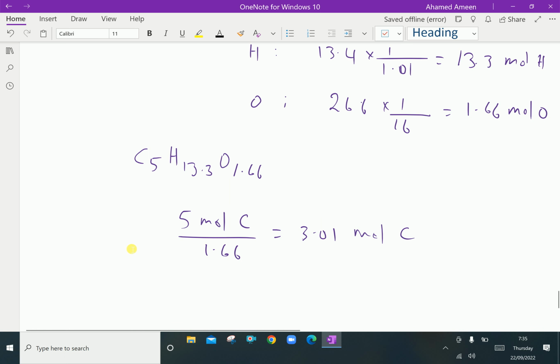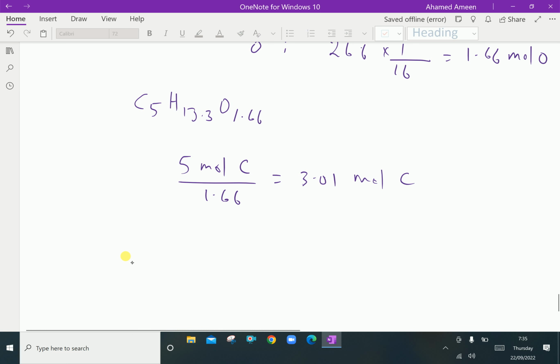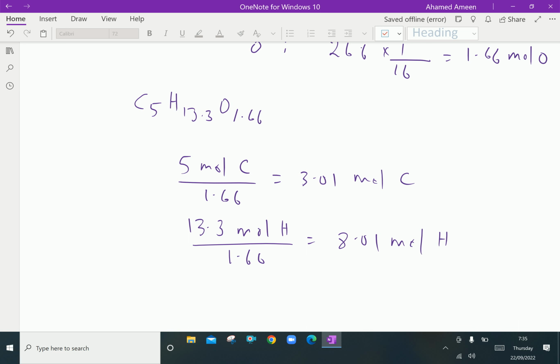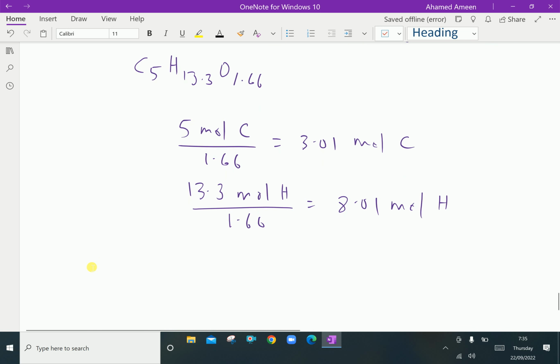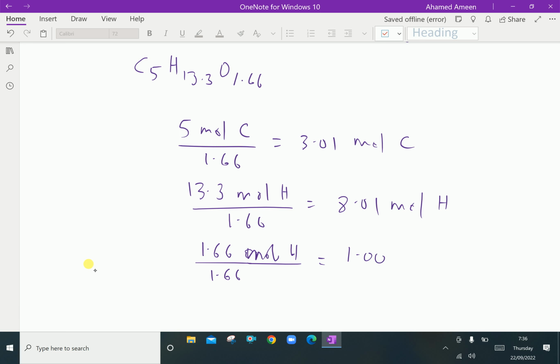Hydrogen is 13.3 mole over 1.66, which gives approximately 8.01 mole of hydrogen, and further, oxygen is 1.66 over 1.66, which gives 1.00 mole of oxygen.